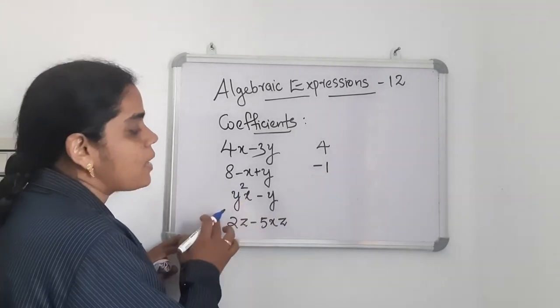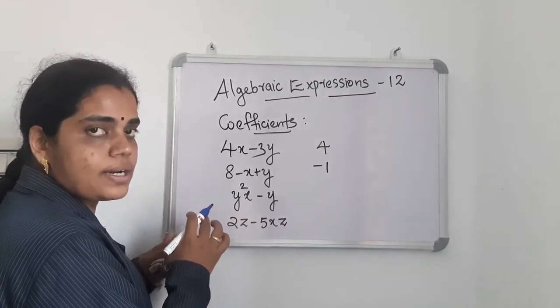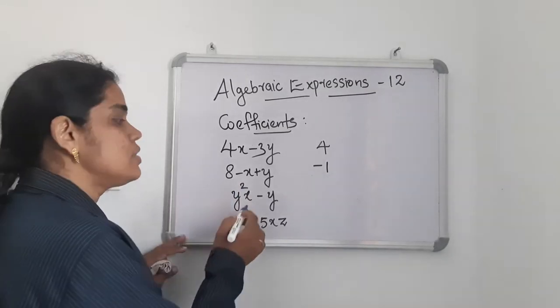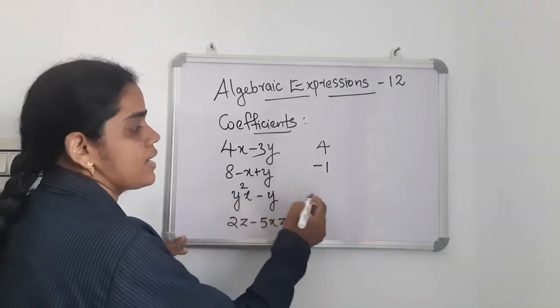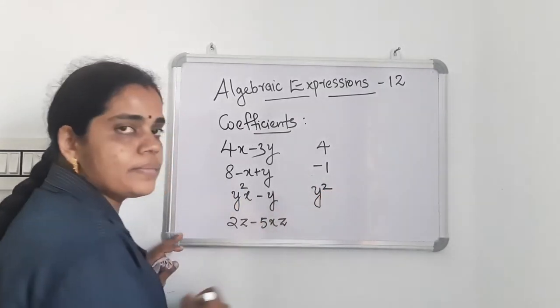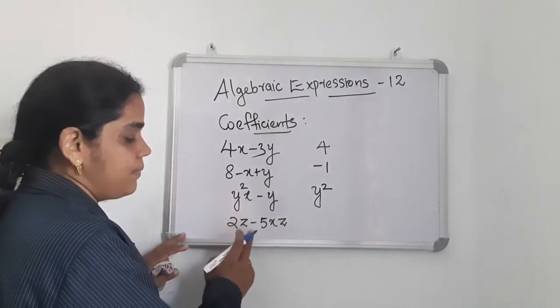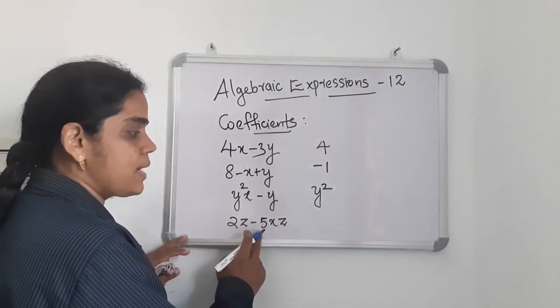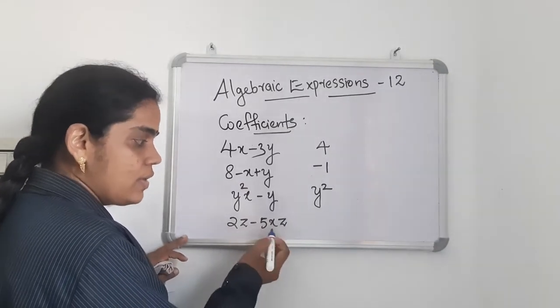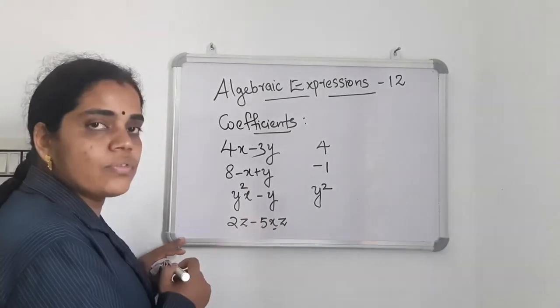So the remaining part we can consider as its coefficient. In this case, the coefficient of x is y square. This is not a numerical coefficient, it is a variable. Then in this case, 2z minus 5xz, we need to find out the coefficient of x alone.